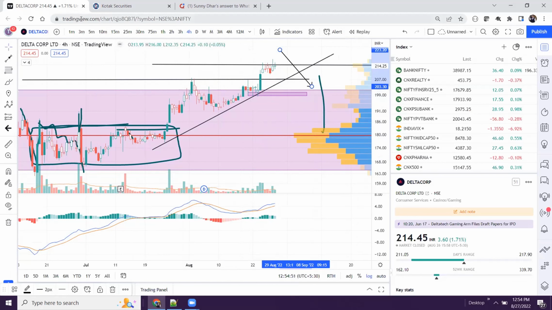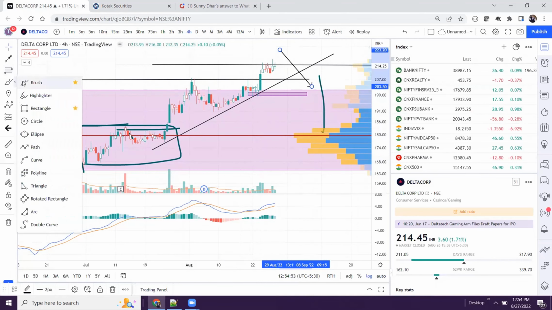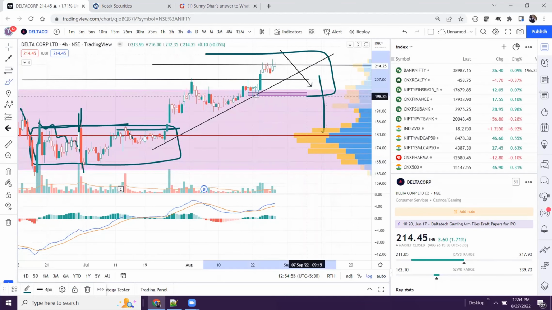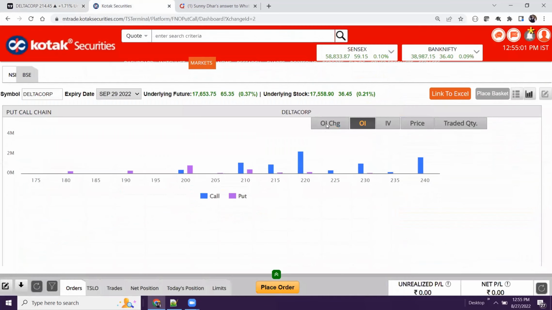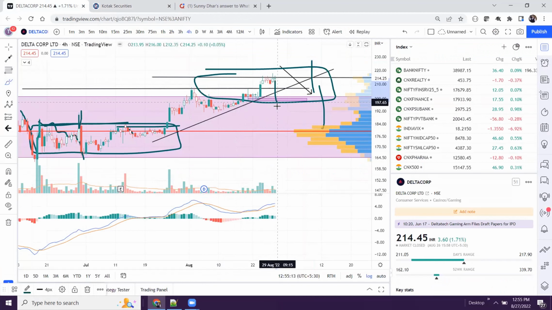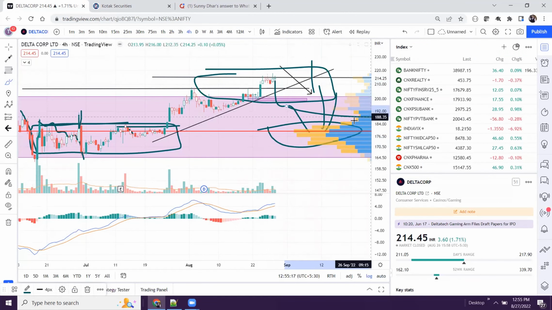If I get a breakout at the 220 resistance with good volume, I will buy. And if I want to buy at support, I will wait for the 200 level, and if I get a buying position there, I will take it.